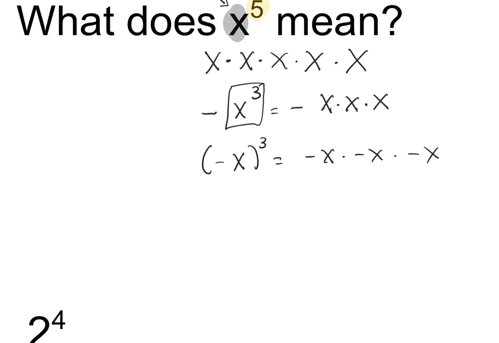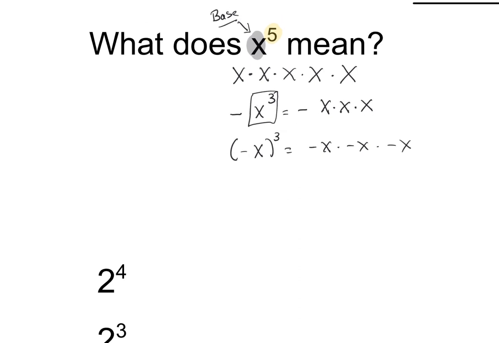That negative needs to be repeated 3 times. And you've got to be able to distinguish the difference. If it's inside parentheses and being raised to a power, everything inside the parentheses has to be raised to that power. If it's not in parentheses, it's only that base that's being raised to that 3rd power in this case. So be careful with that.